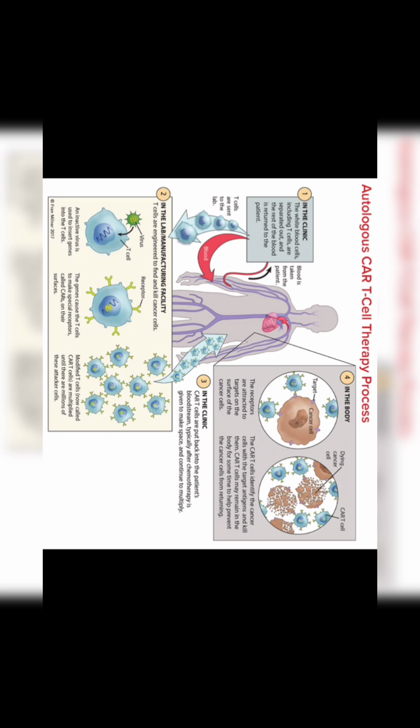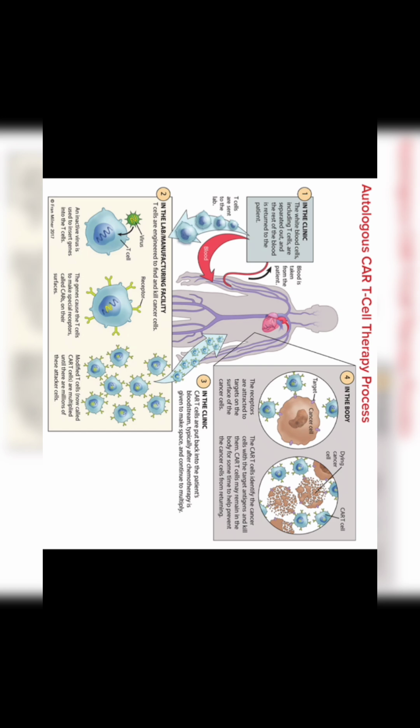So in the second step, as you can see in the diagram, the CAR gene has been added to the genome of the T cell with the help of a viral vector, or you can say a virus. You can use any kind of viral vector like lentivirus or retrovirus for effective transfer of the CAR gene into the genome of the T cell.